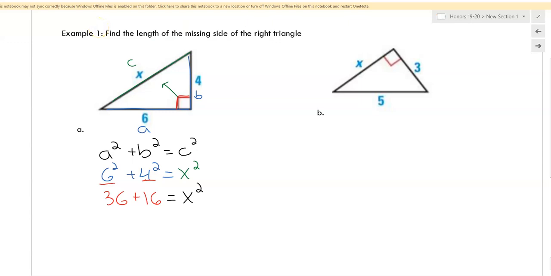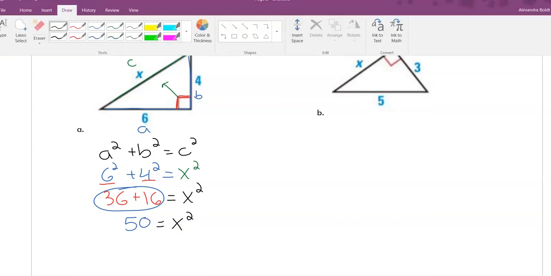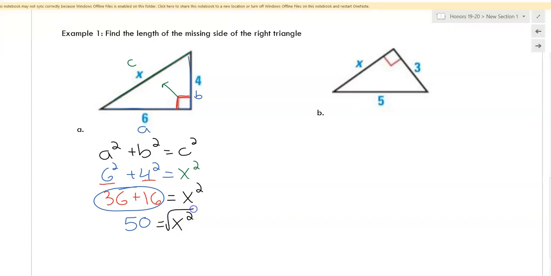Then, if your numbers are on the same side, I just have to add them up. So 36 plus 16 is 50, equals X squared. And then I want to take the square root.